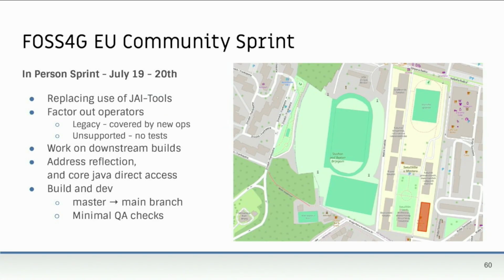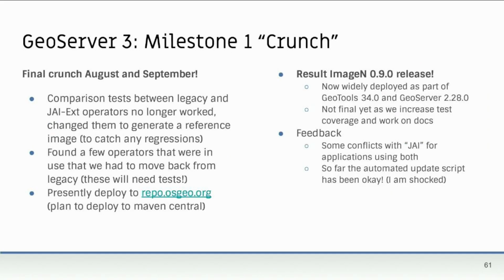Then at the FOSS4G Europe code sprint, we were able to factor a few of the legacy operators out of the way, and we got the main branches building with very minimal QA checks. Finally, in August and September, we were able to bring it home. Specifically, we wanted to compare the original operators with the new ones from JAI-EXT to see that they made the same output.